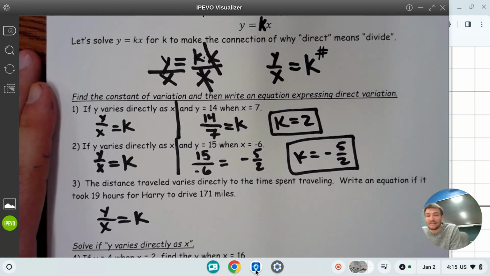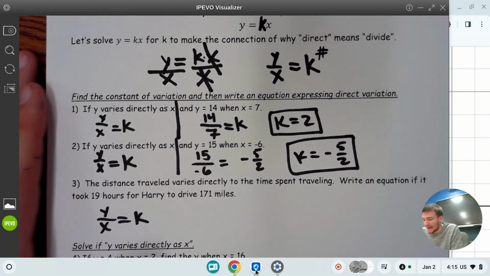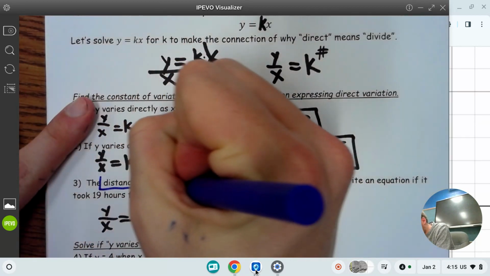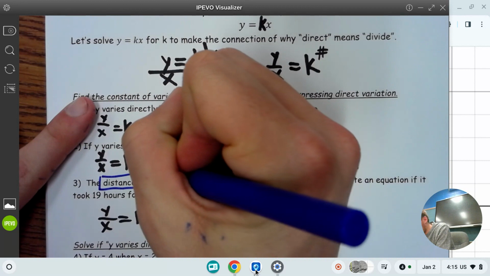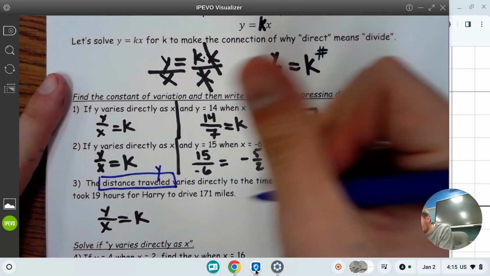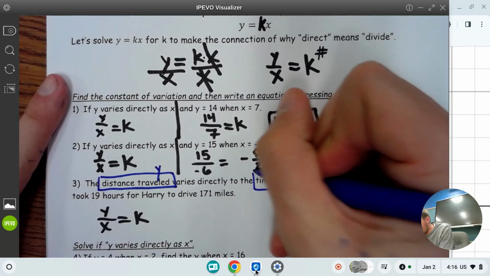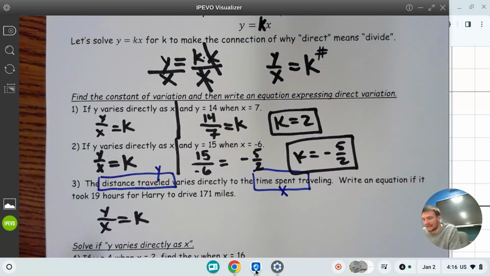Now, whichever one they say first is the y. So when it says distance traveled, that's going to be my y number. Varies directly to time spent, that's going to be my x.